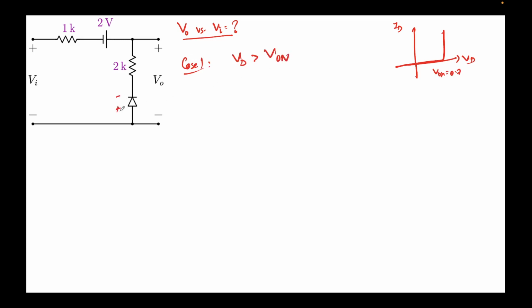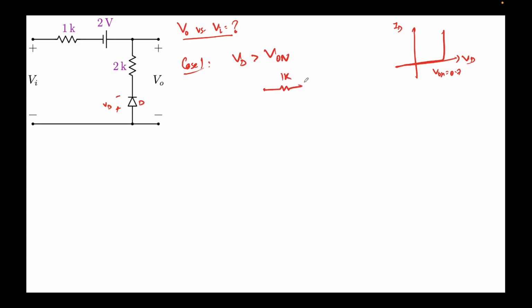This is my VD. Note that I'm always keeping the P side as the positive, to denote the forward bias nature. When VD is positive, we can clearly see that the diode is forward biased, and this is the diode D.